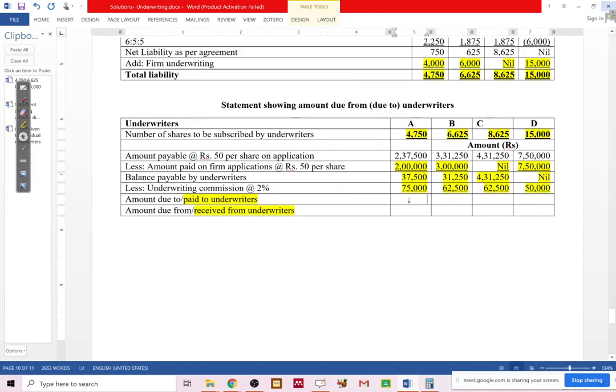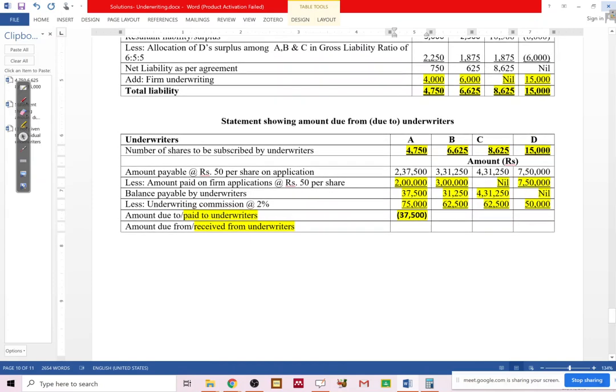Now get the balances and see who is supposed to be paid or paying whom in this case. Which one is negative, which one is positive. In the first line, the amount due to or paid to underwriters, we write all the negative figures. So 37,500 minus 75,000 is 37,500 negative. That means the company has to pay the underwriters, because commission is more than what the underwriters were supposed to pay to you.